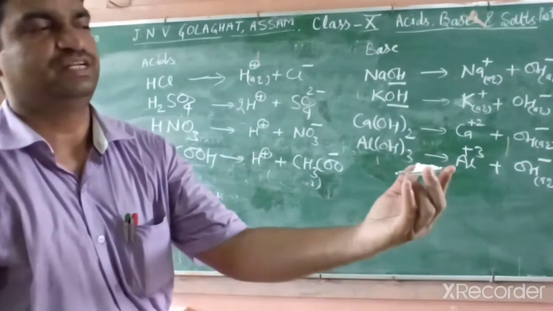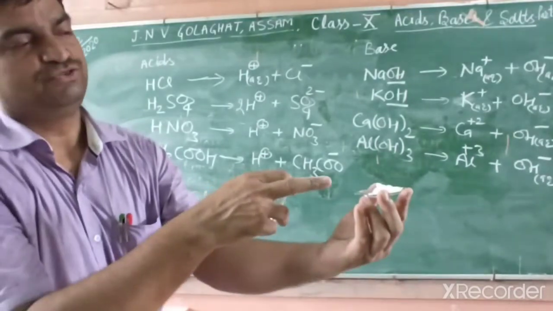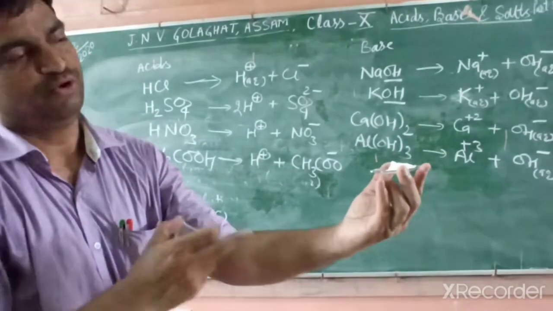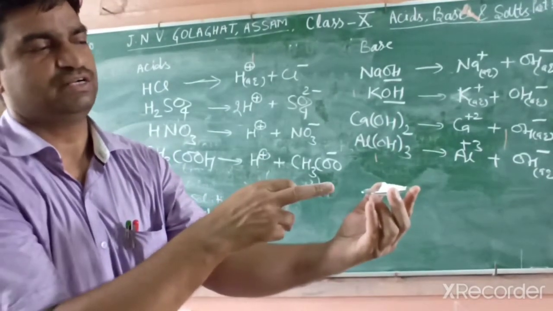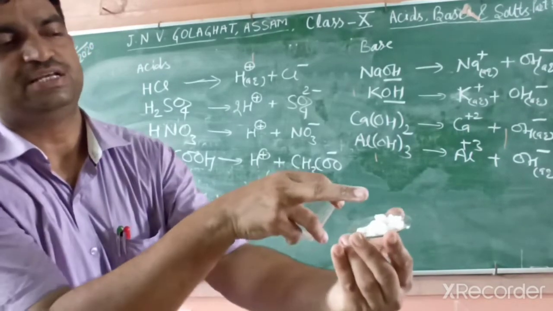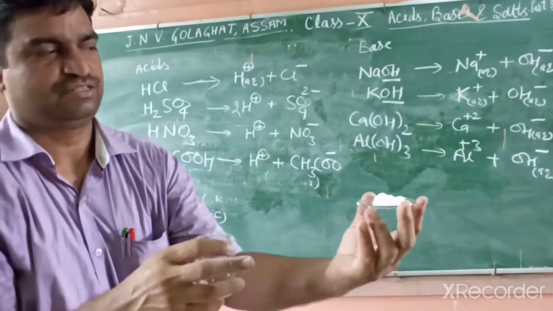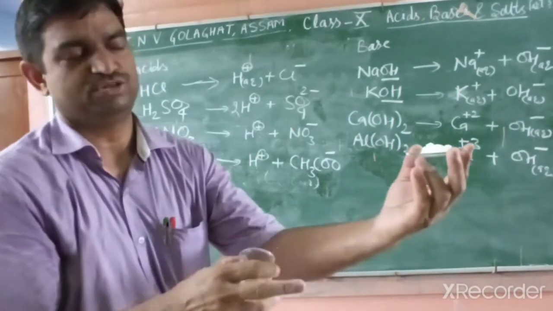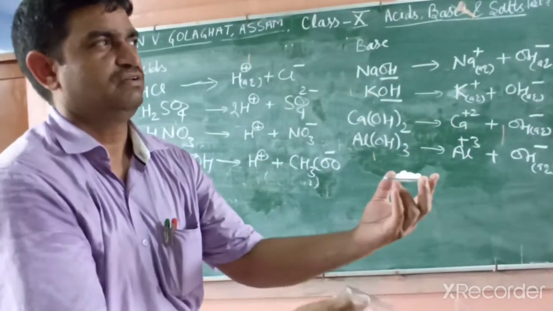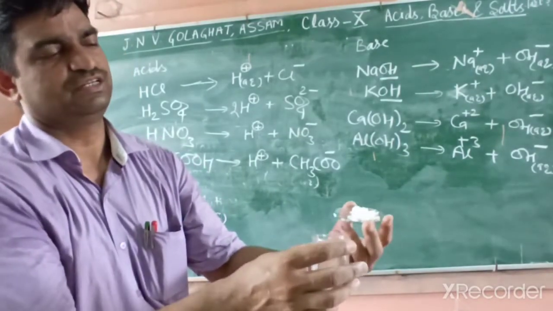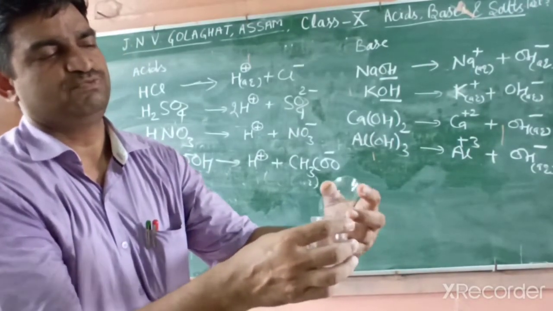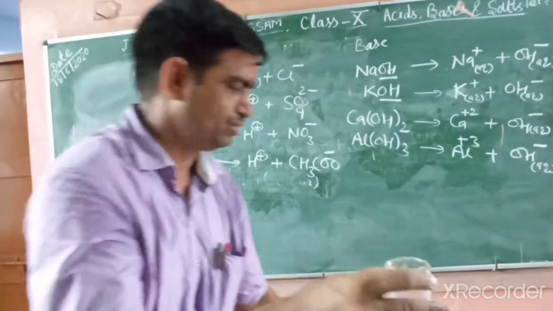If you place them open in air, they can change into a liquid or molten state, because sodium hydroxide reacts strongly when moisture comes. So these are sodium hydroxide flakes, and we can make a solution from them. We want to prepare sodium hydroxide solution.